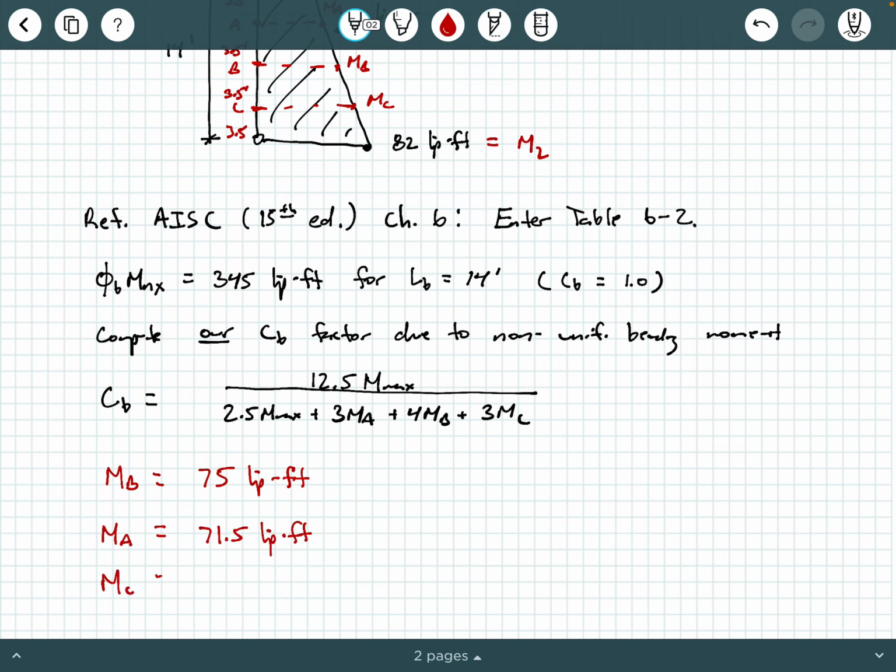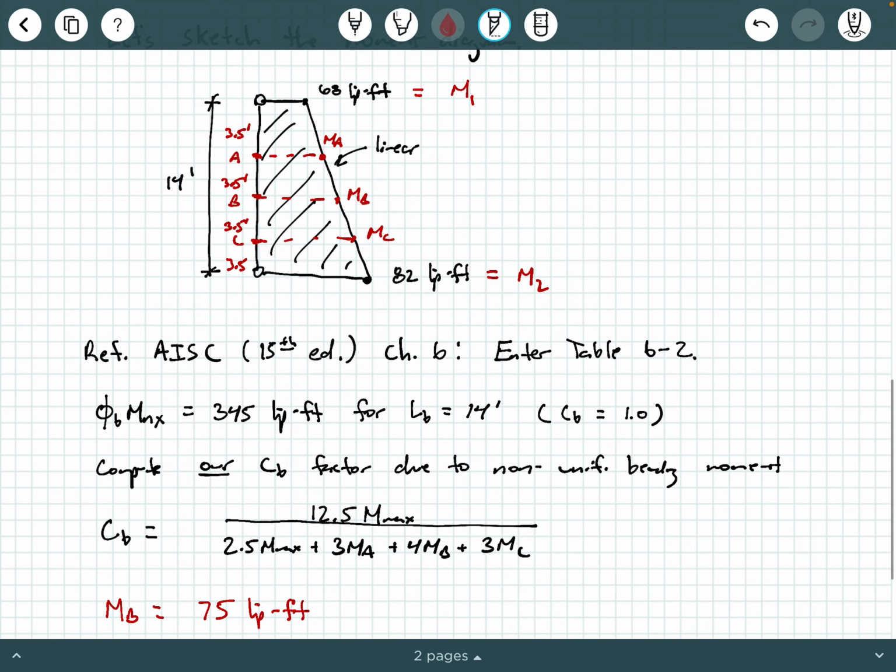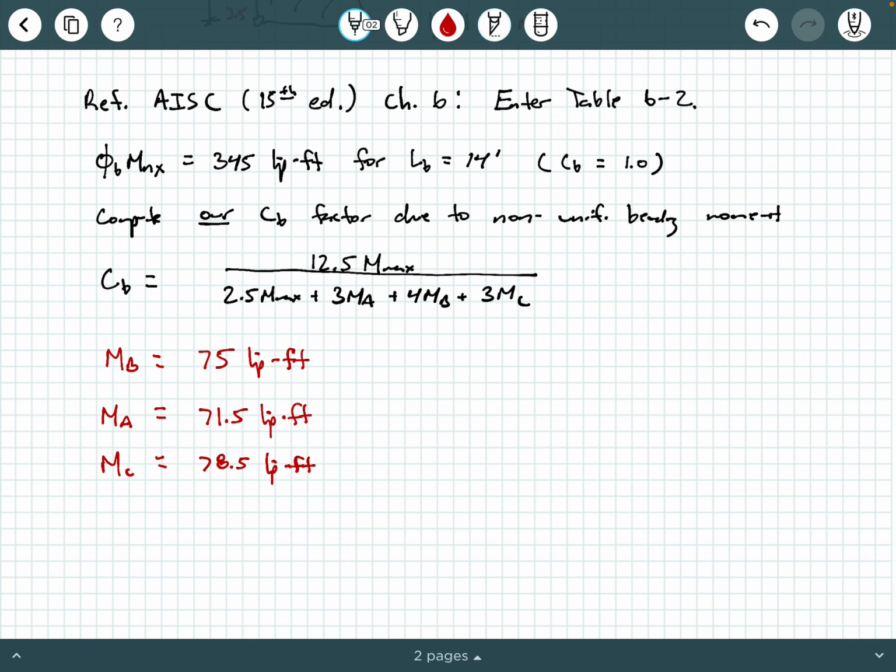And then MC would be the average of 82 and 75, and that's 78.5 kip feet. And again, I want to emphasize I'm only able to do that because this moment diagram is linear. If you had any other shape, you could not just take simple averages or use this midpoint averaging mechanism, okay?